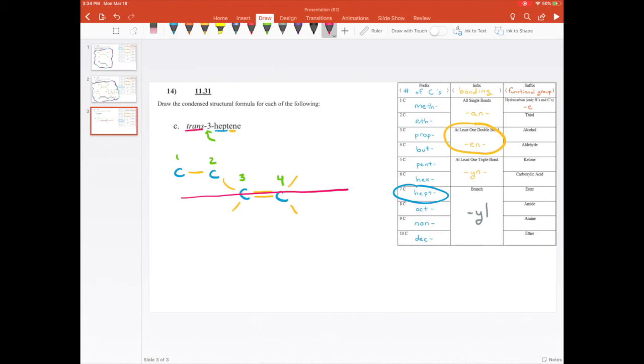Because this is trans, because this carbon branch is going up, the other carbon branch has to be going down. And so carbon 5 will be going down, then carbon 6, and last, carbon 7.